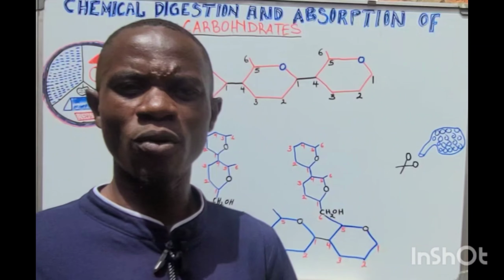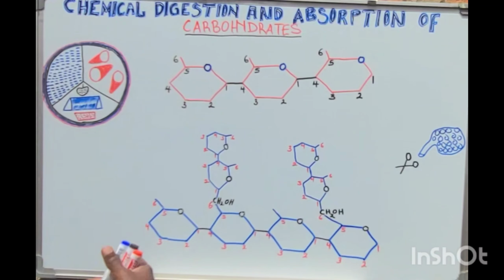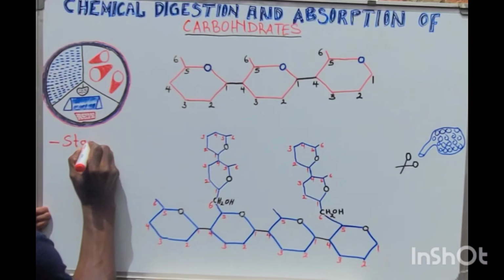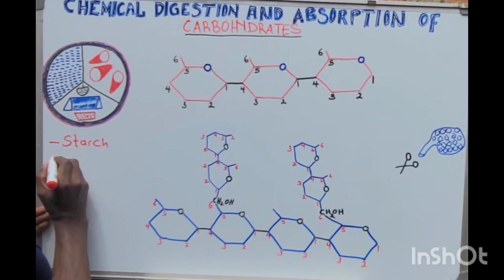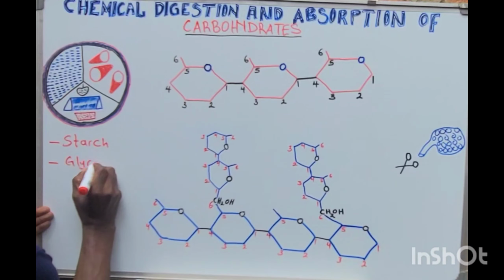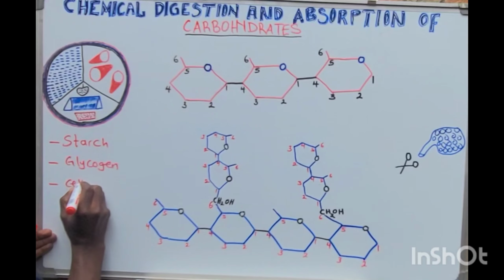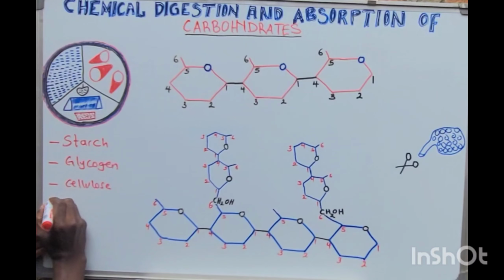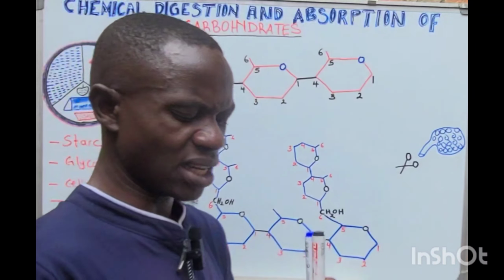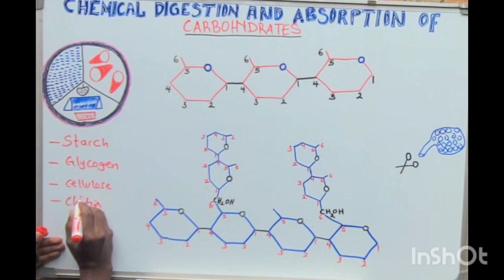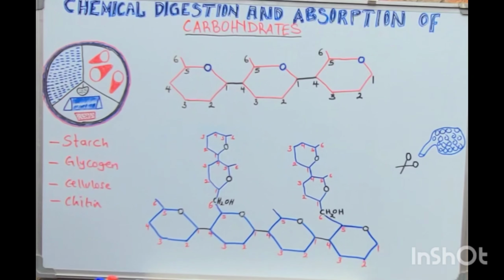The first one, which is very important, is starch. The second one is glycogen. The third one is cellulose. Then we may also have another, minor carbohydrate, which we call chitin. These are the four main carbohydrates that you are going to be acquiring from the foods we have on this plate.